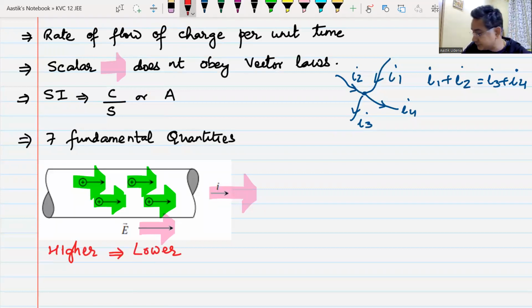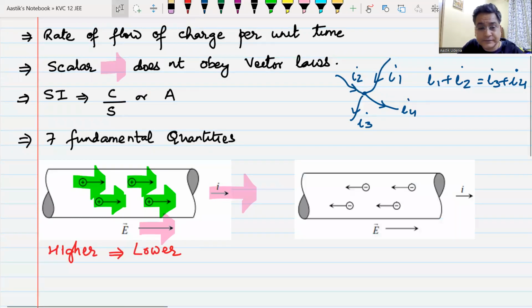If we talk about this in terms of electrons, which are the actual charge carriers, the direction of current is actually opposite to the direction of flow of electrons, though in reality it should have been the direction of flow of positive charges. Do we understand this?